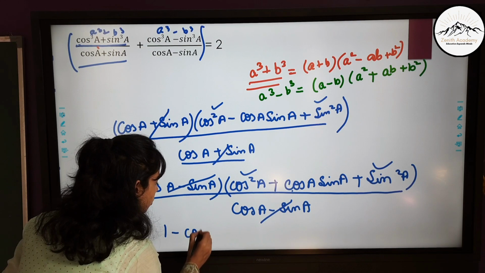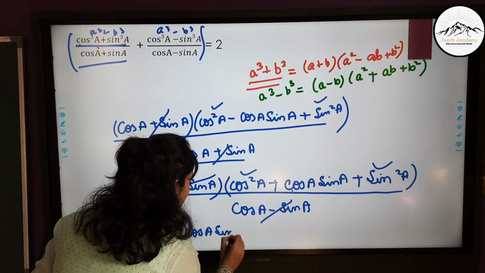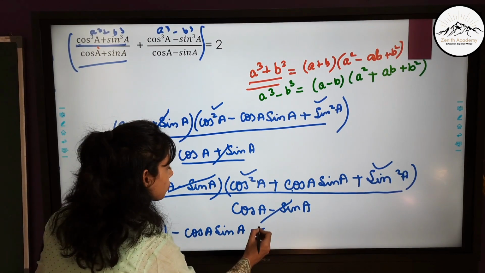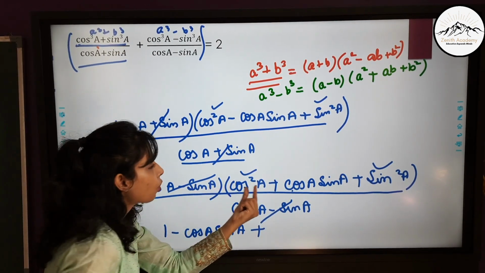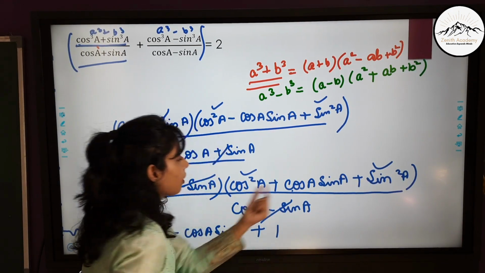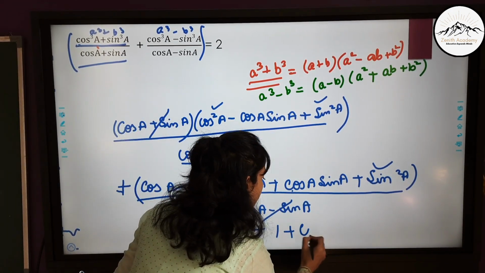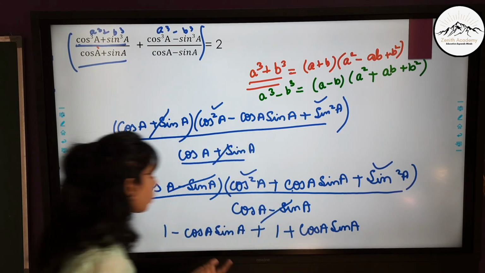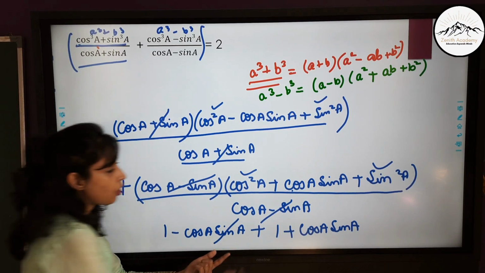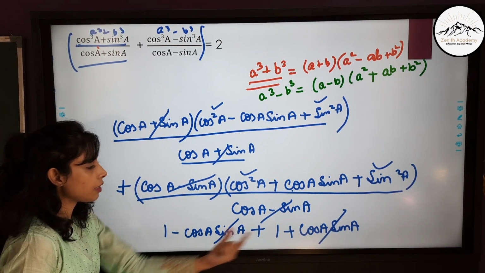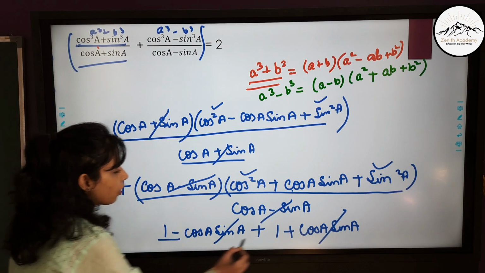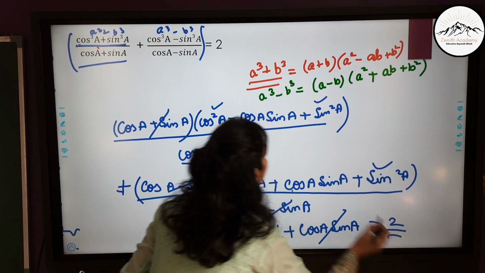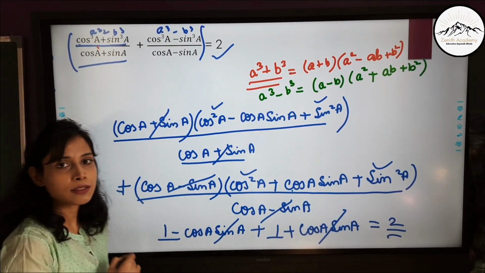We have an addition sign here. So this is plus. Now here also cos square a plus sin square a is 1 plus cos a sin a. So now it is easy. Cos a sin a and cos a sin a will get cut, minus and plus. So now this is 1 plus 1. This is equal to 2, which is what RHS is.